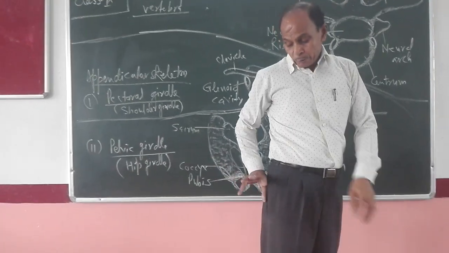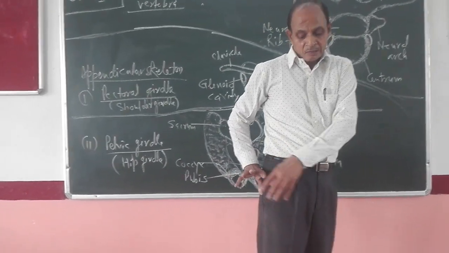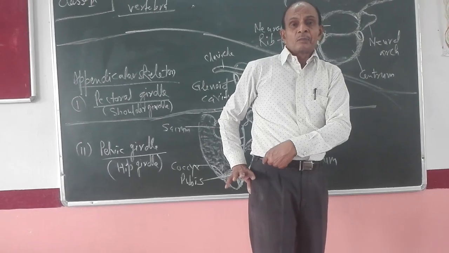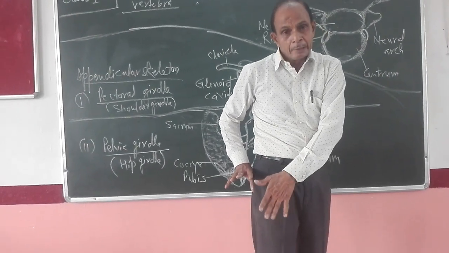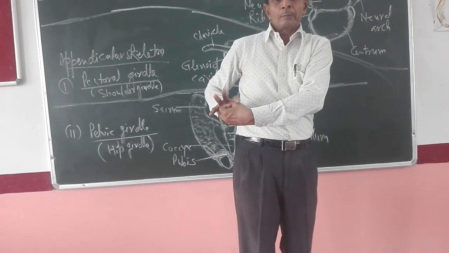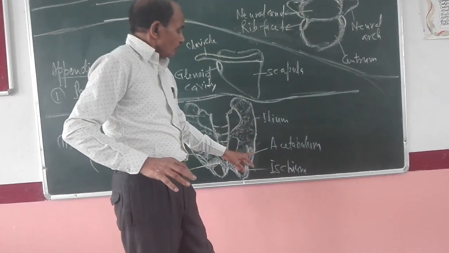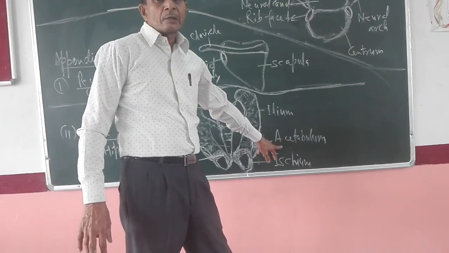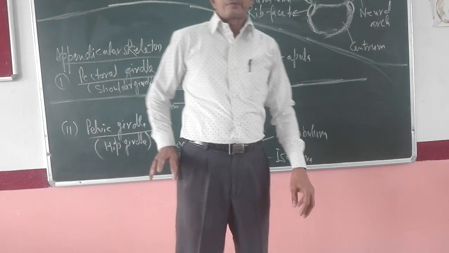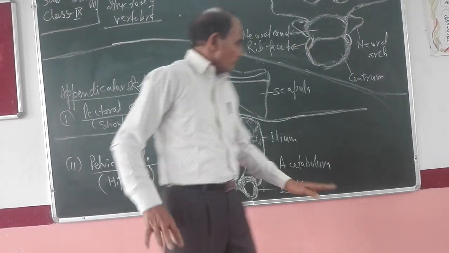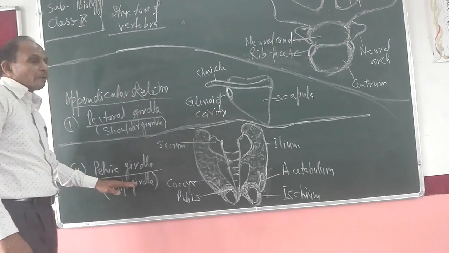It provides place for the articulation of the bones of the hind limb; the head portion of the femur is articulated in this acetabulum. So the lower part of the ilium bears a cup-like depression known as the acetabulum, which provides place for the articulation of the head portion of the femur. This is the structure of the pelvic girdle.